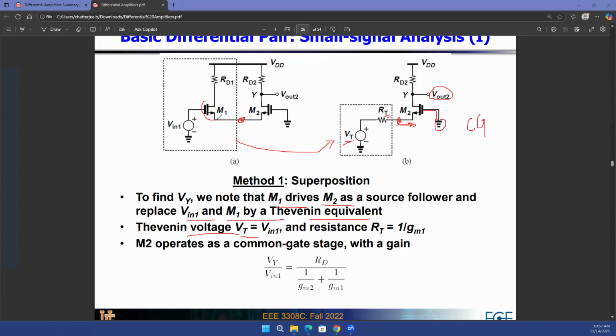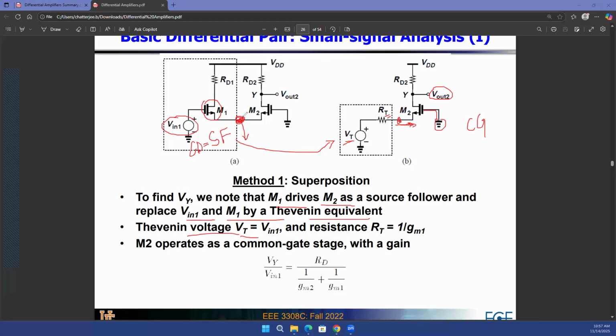Remember that if you think about the M1 transistor, you're applying your input at the gate and you want to find out what is available at the source. So what kind of configuration is that? That is going to be a source follower or a common drain configuration, right? So this is a source follower or common drain configuration where you're applying your input at the gate terminal and you're looking at the source voltage.